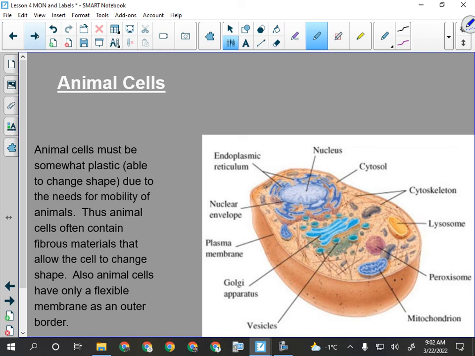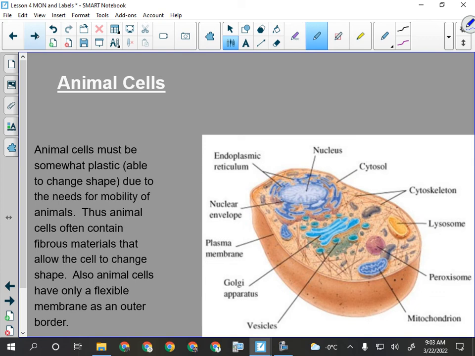Does a fungus need to have flexible cells? They actually don't, and they have a cell wall, believe it or not. Fungi are very different from animals. They're also very different from plants. They have cell walls like a plant cell, but they digest food for energy, unlike plants.